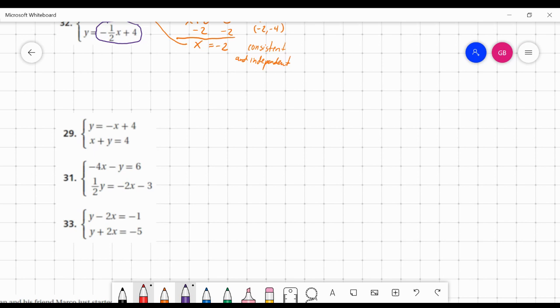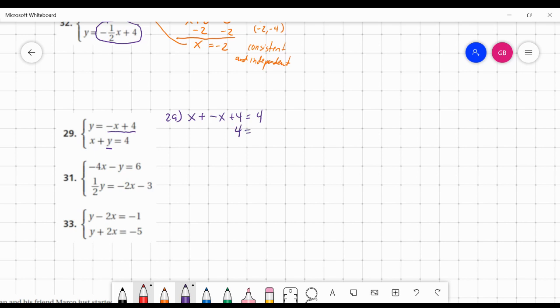Okay, let's see here. Number 29. We continue solving. So y is negative x plus 4. So we're going to plug it in here. So x plus negative x plus 4 is equal to 4. x plus negative x is 0.